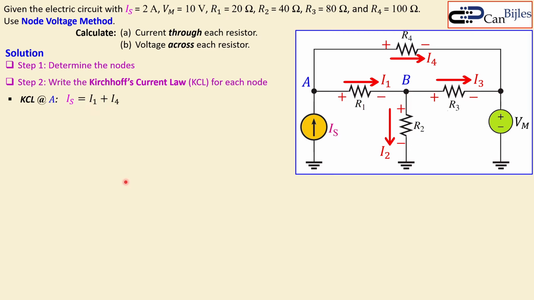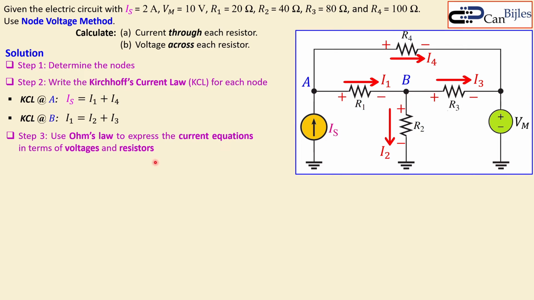Just mathematically this expression. Now for node B, I can see that I1 is entering and I2 and I3 are leaving. That means I1 is actually producing I2 and I3. That means the following: I1 is equal to I2 plus I3. Alright, now we have set up our general expressions in step 2.